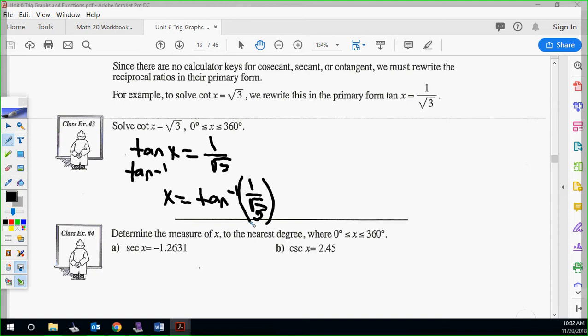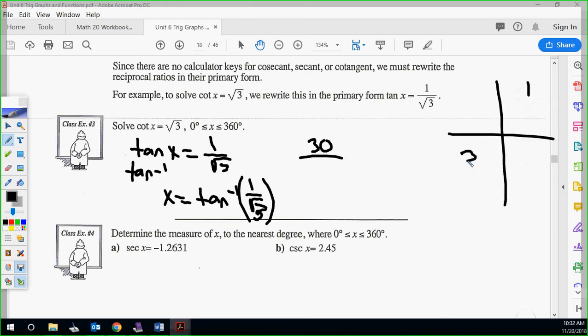Okay, can somebody do that for me? 30, okay. So 30. So we're not quite done yet because it wants from 0 to 360. Cotangent and tangent, they have the same properties in terms of where they're positive, where they're negative, right? Okay, so my point is that we're doing, where is tangent positive? First and third, yep.